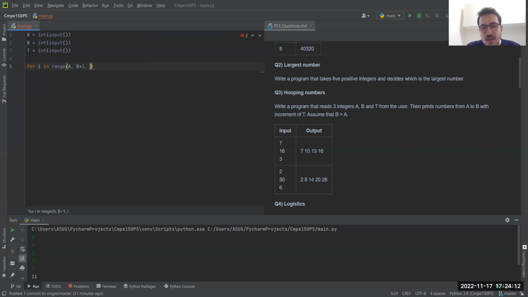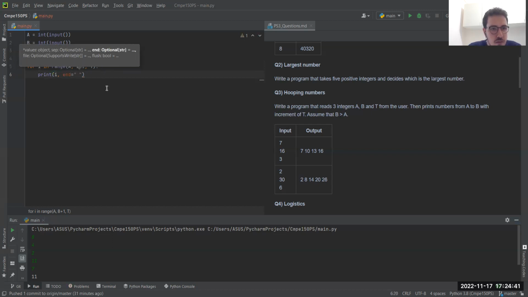And at last, I am writing a step component, which represents the increment or the decrease in our sequence. So in our sequence, I'd like to write t here because t is our increment in our example, and this operation should print i, and this end operation puts a space between all these inputs, so we can collect all the data on one row.